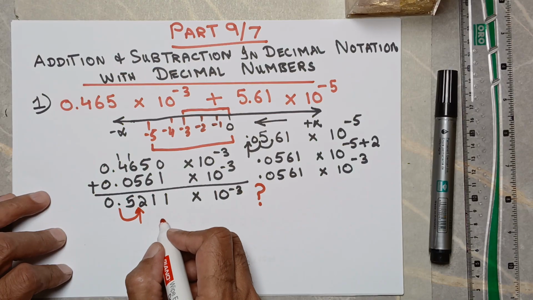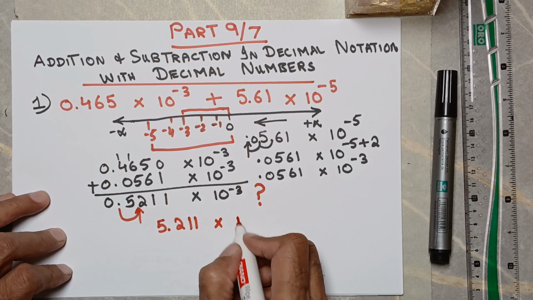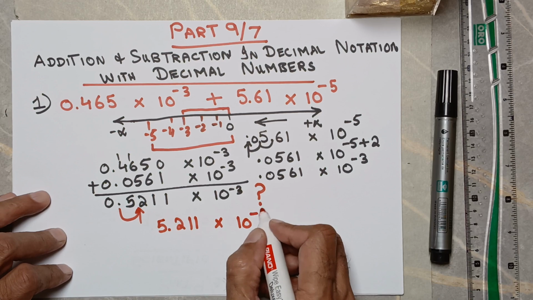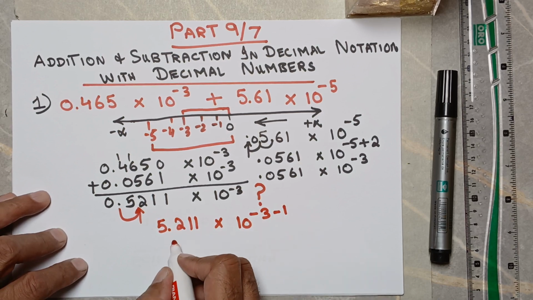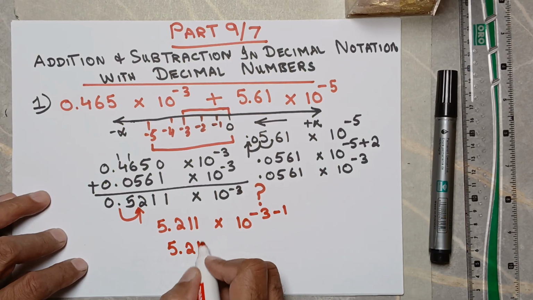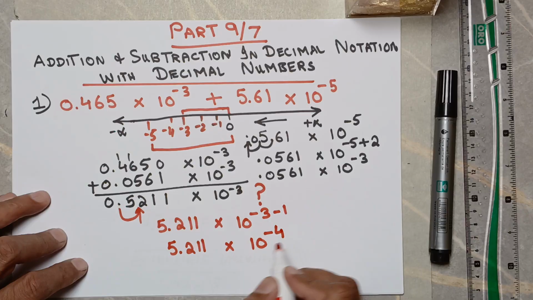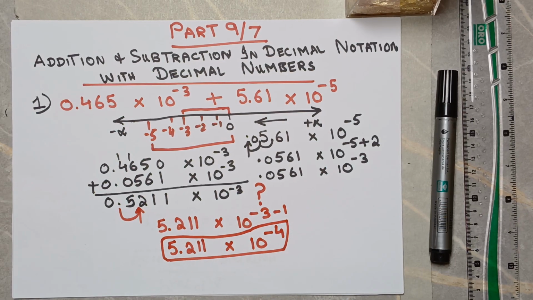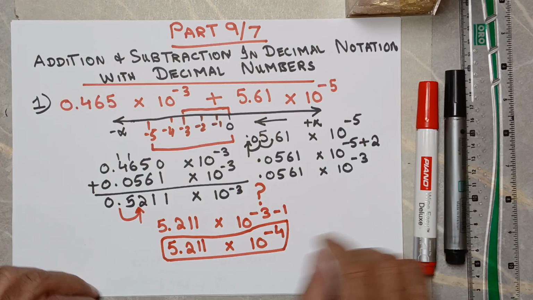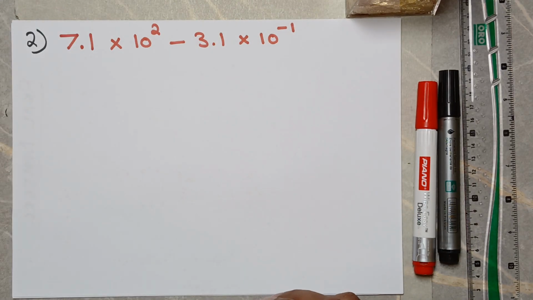Now it will be written as 5.211 times 10 raised to the power minus 3 minus 1, so it will be written as 5.211 times 10 raised to the power minus 4, and here it is our final answer. This was our question number 1. Now let's move on towards question number 2.